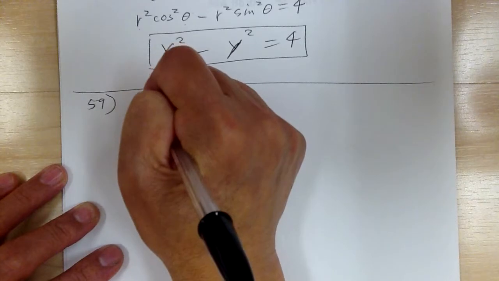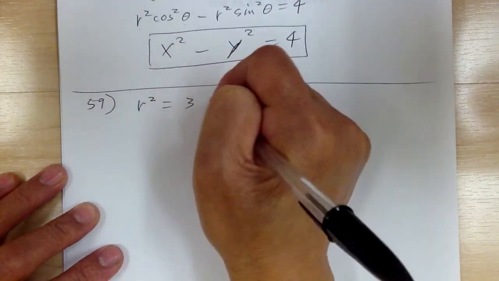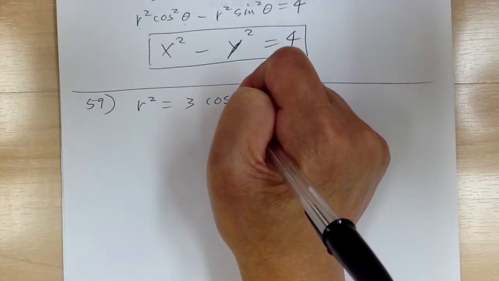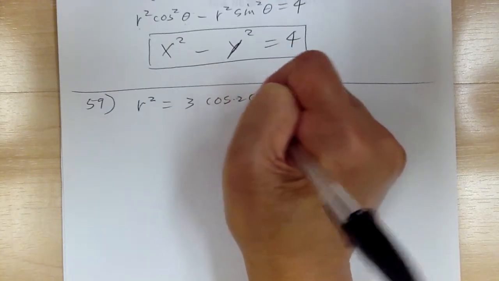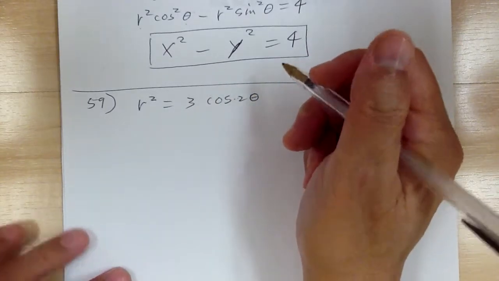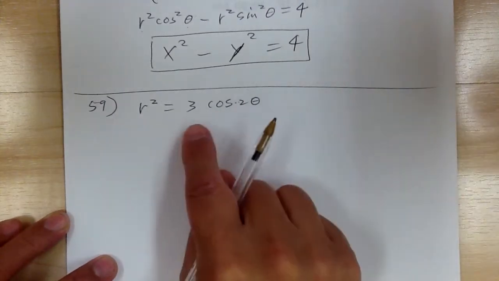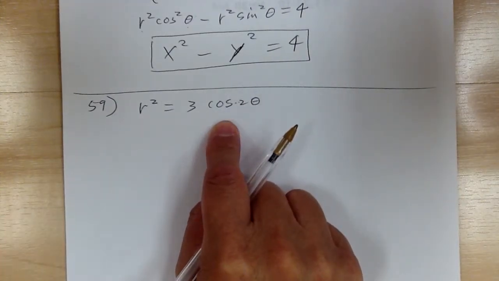You have r squared equal to 3 cosine of 2 theta. Okay, so again, let's go ahead and work it out.